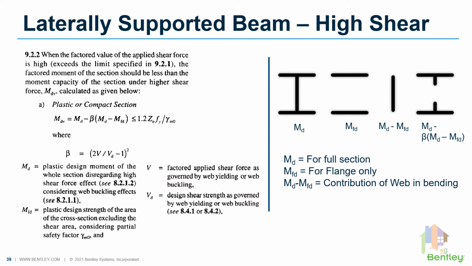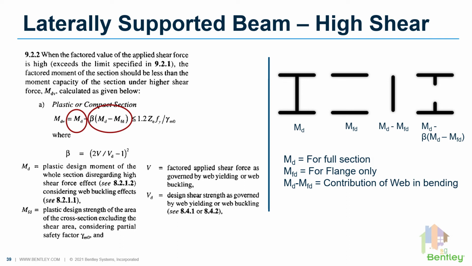MD is calculated considering full section and MFD is calculated for flange only. This beta is a reduction factor, and if shear force increases, this factor also increases. MD minus MFD is the bending capacity contribution of the web portion. So you are actually reducing the overall bending capacity of the section proportionately to the applied shear force.